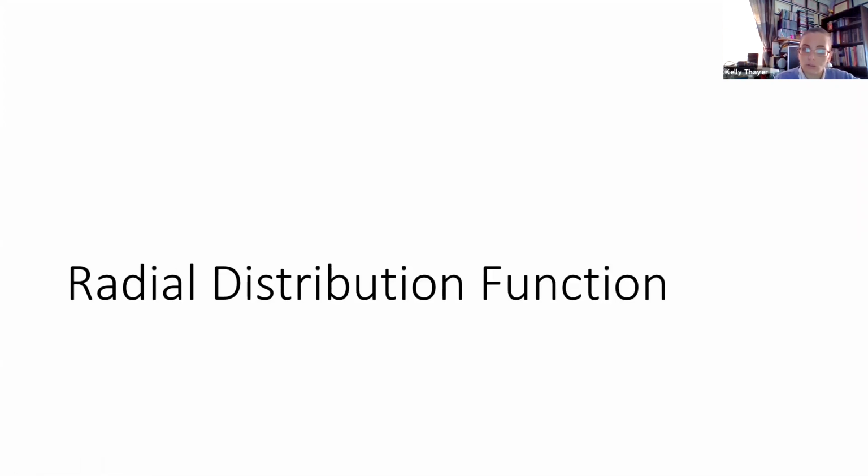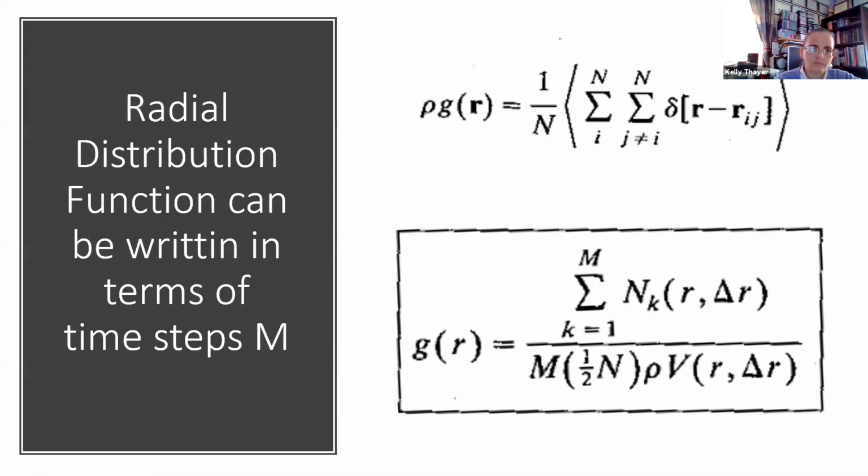That brings us to the radial distribution function. So the radial distribution function can be written in terms of the time steps n. So just call to mind that we have mentioned the radial distribution function earlier today. We have talked about that in terms of the distance of the particles from the particle of interest.